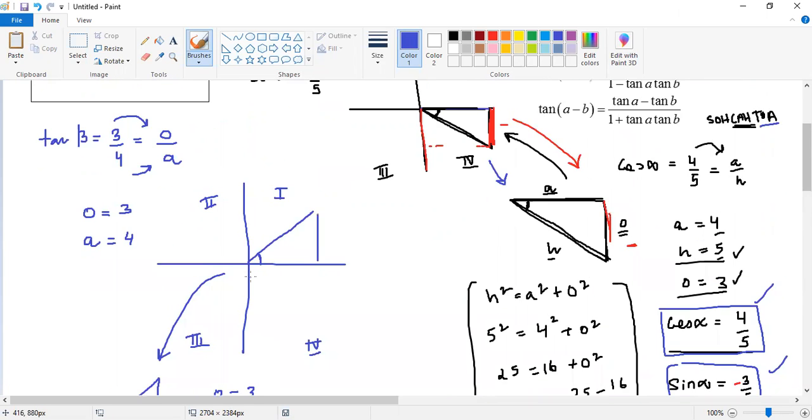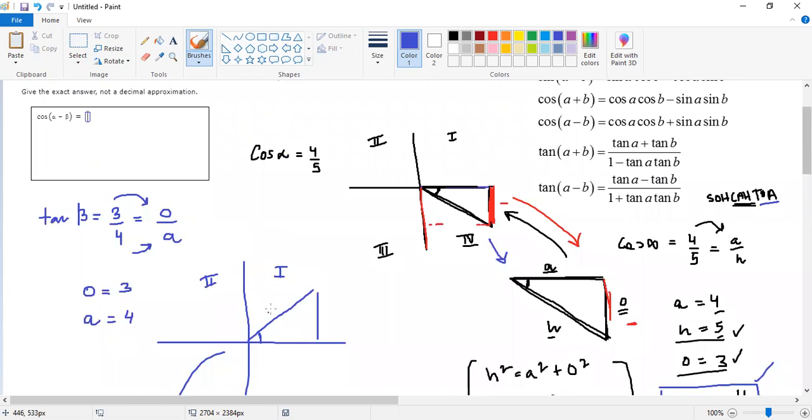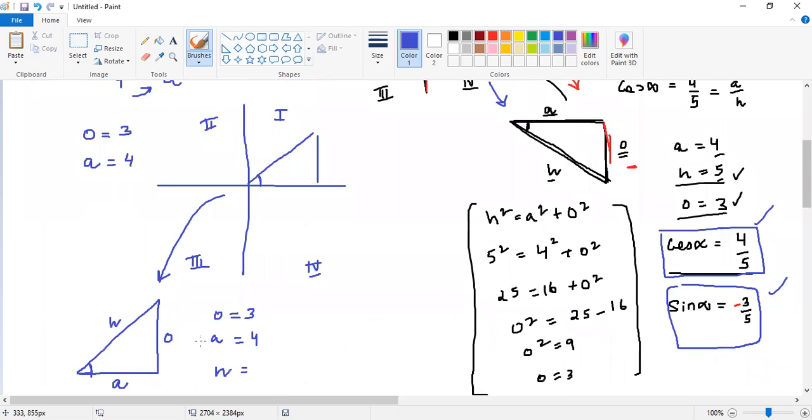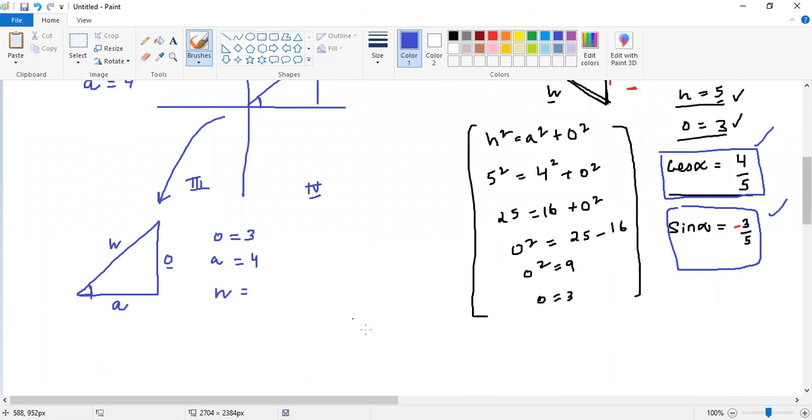So I think maybe this may be a little wrong here. If we're in the first quadrant and our tangent of theta is 3/4, we have O over A, and our O is here, our A is here.